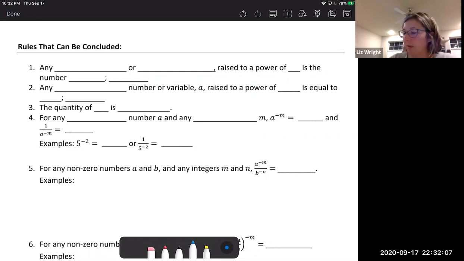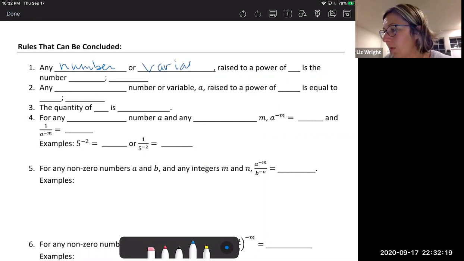So rules that can be concluded, we've got any number or variable A. So any number or variable A raised to the power of 1 is the number itself. So like A to the first is going to equal A.